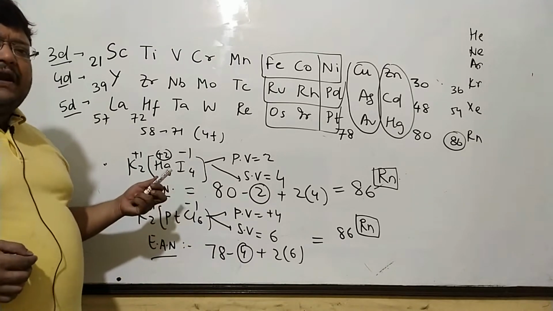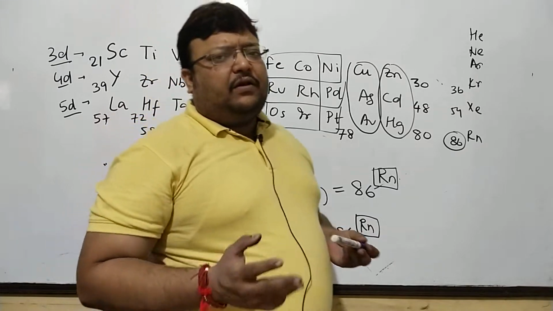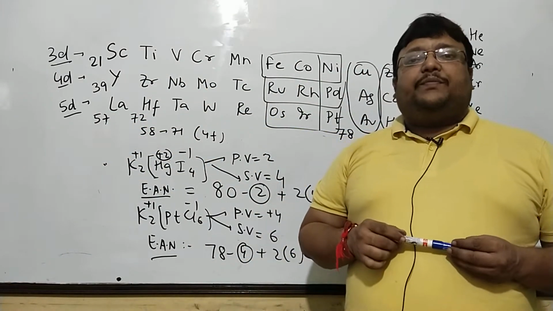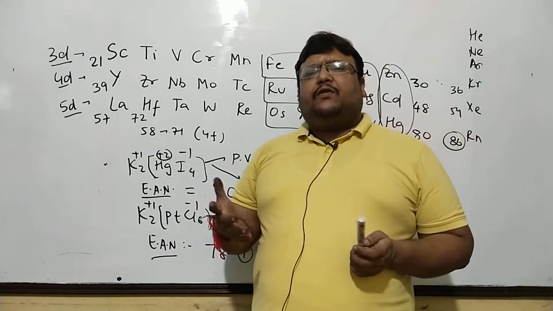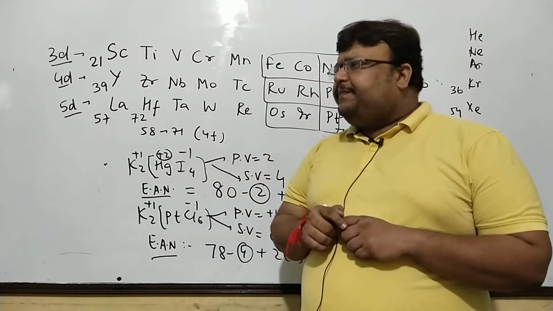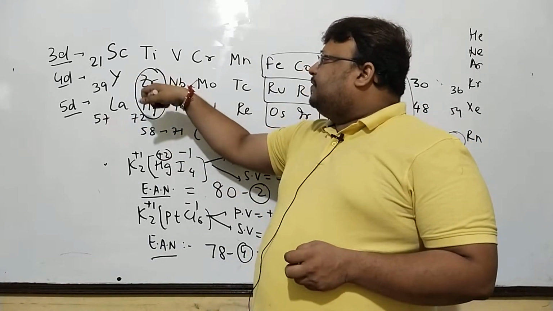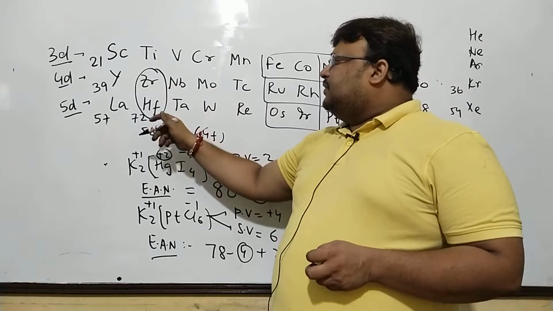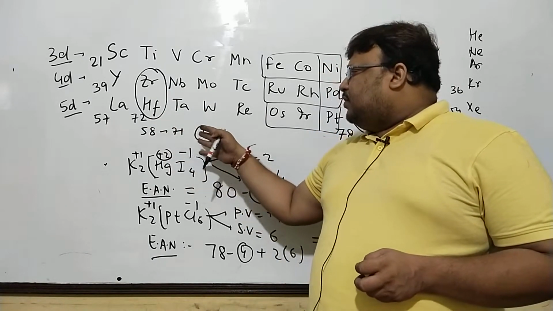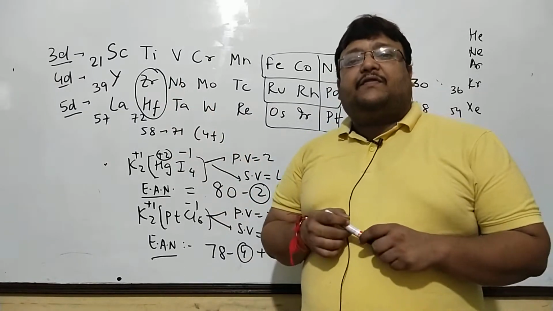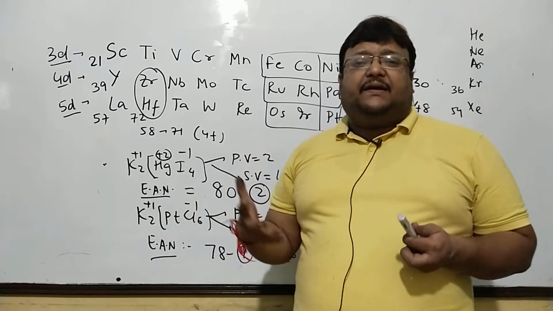And whether it's about calculating the effective atomic number or in the long run, I told you all of 3D, 4D, 5D needs to be on your fingertips. Even from the days of periodic table and atomic structure, you're supposed to know that zirconium and hafnium are in the same group. Lanthanide contraction, which is because of 4F, is why they're called lanthanides. You will find zirconium and hafnium have comparable radii, almost the same size.